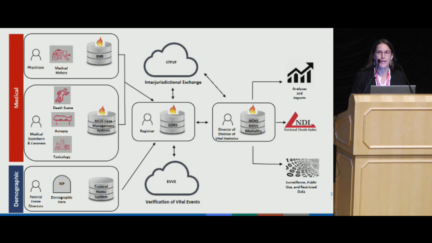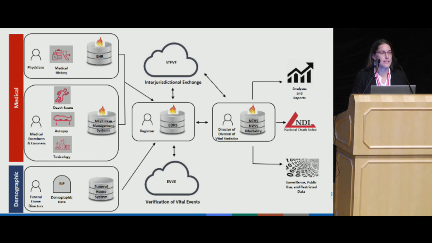You'll notice that it's a bifurcated system. Depending on where you die and how you die, your certificate will be filled out by either a medical examiner or coroner, if it's a sudden and unexpected death, or a physician if you die of natural causes. Additionally, the funeral home and your surviving loved ones will provide information about your demographics, such as where you worked, where you lived, who your parents were.